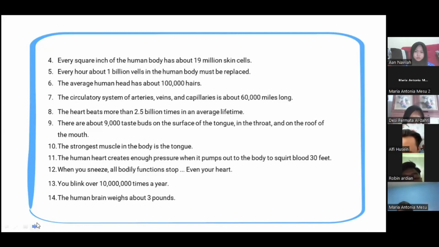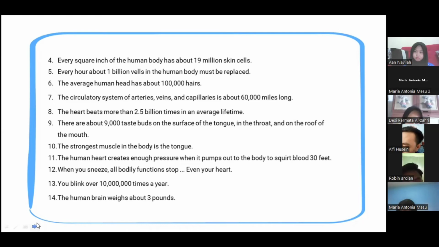The circulatory system of arteries, veins, and capillaries is about 100,000 kilometers long. The heart beats billions of times in an average lifetime. There are taste buds on the surface of the tongue, in the throat, and on the roof of the mouth.